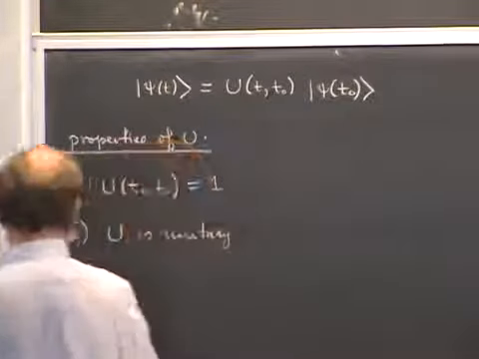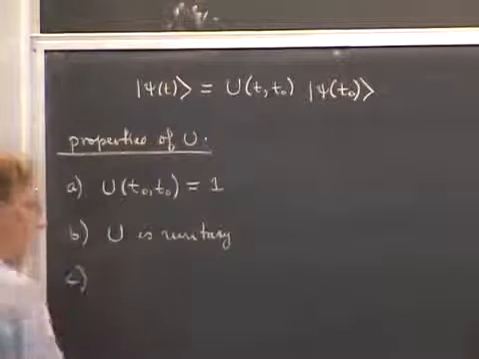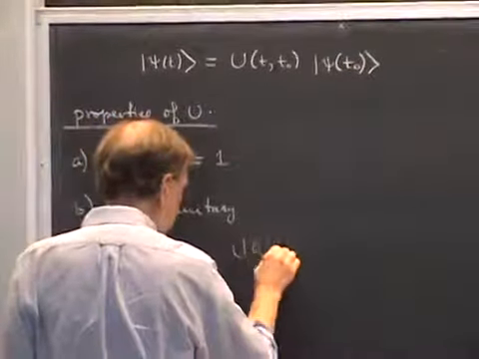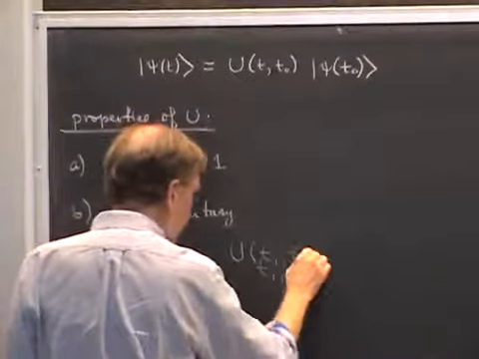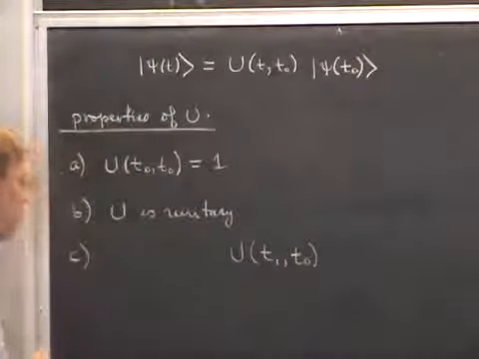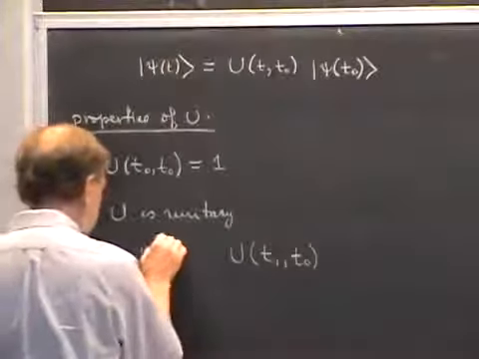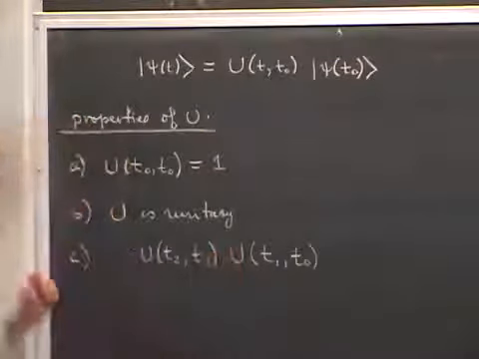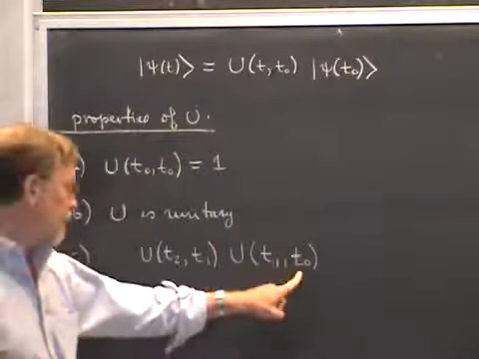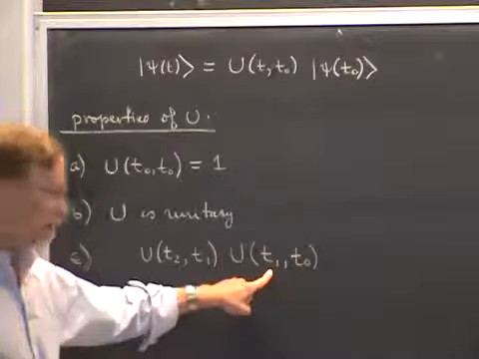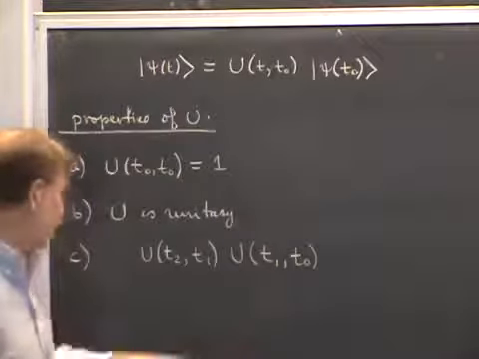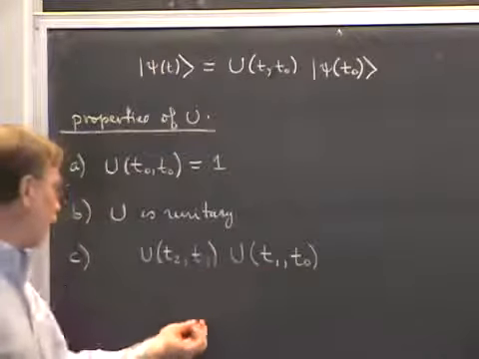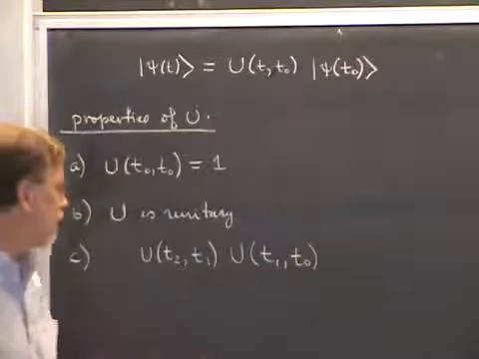All right. The third property that we require of U is a kind of composition property. It says that if we take the U with final time t1 and initial time t0, and we multiply it by the U with final time t2 and initial time t1, you see this corresponds to starting at t0, evolving to time t1, then you sort of stop and think about things, and you take whatever state you have at that point as a new initial condition for a new evolution, starting at t1 and then going to t2.